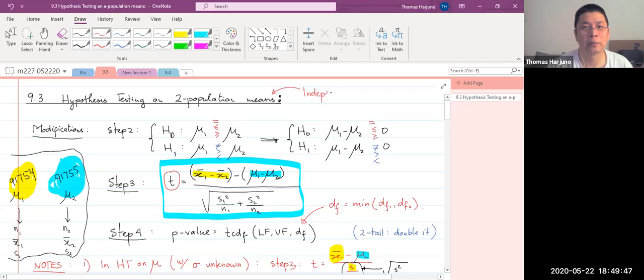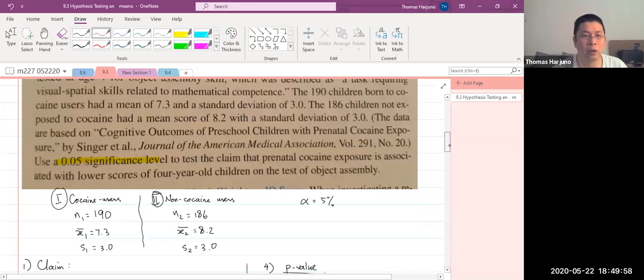Which means basically these two groups, the children from cocaine users and children from non-cocaine users, none of them overlap. They are totally two different groups of children.